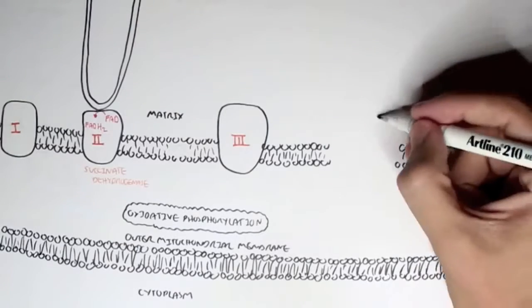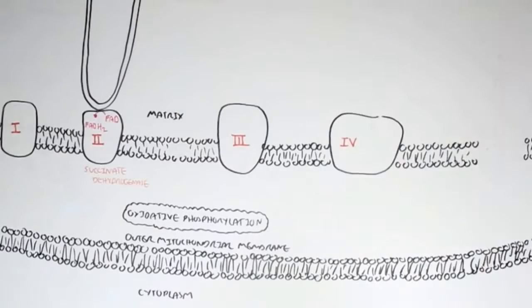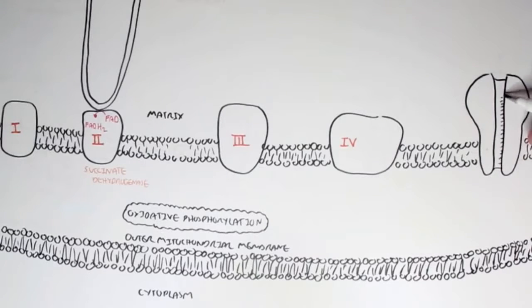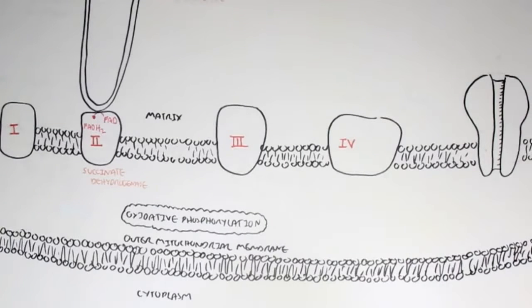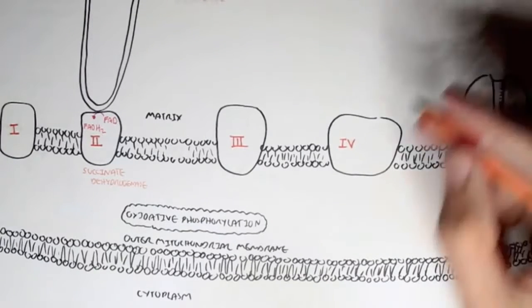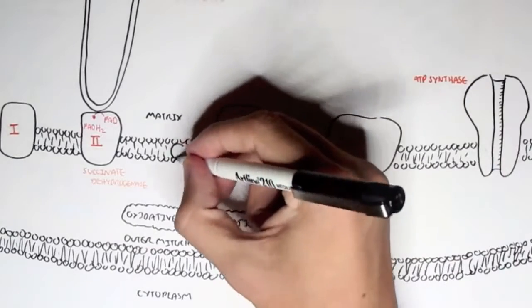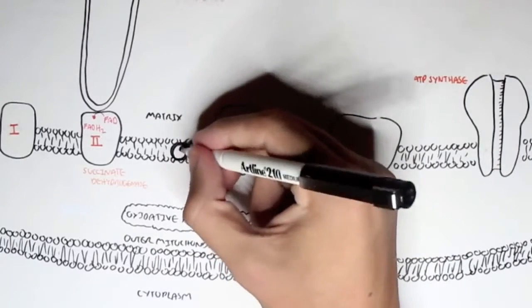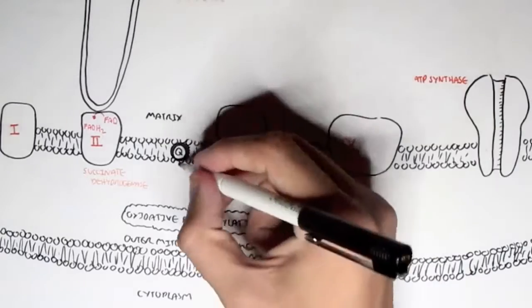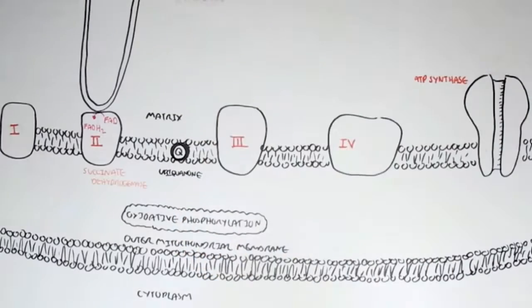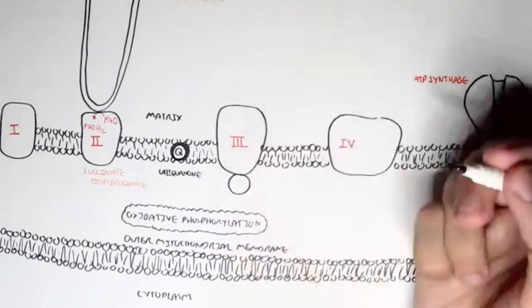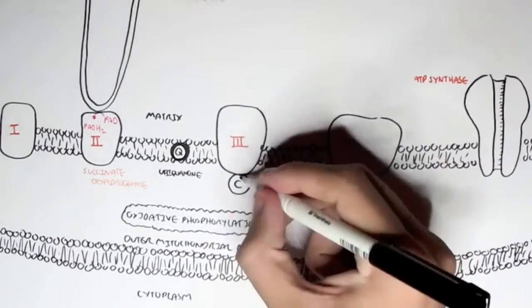Another important protein structure within the oxidative phosphorylation process is this structure here, which is known as ATP synthase. And this enzyme is what produces ATP. And we'll learn about how it actually produces ATP. Other important structures within the inner membrane are ubiquinone and also cytochrome C, which is in the intermembrane space, attached to complex 3.